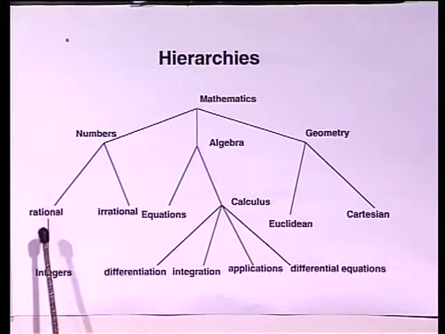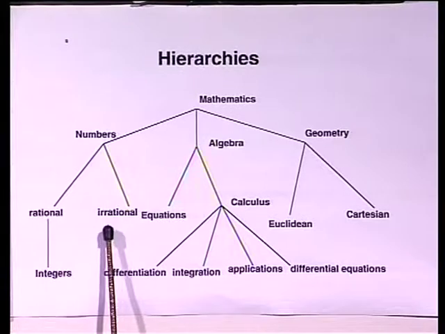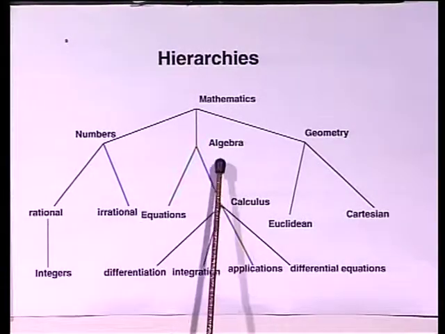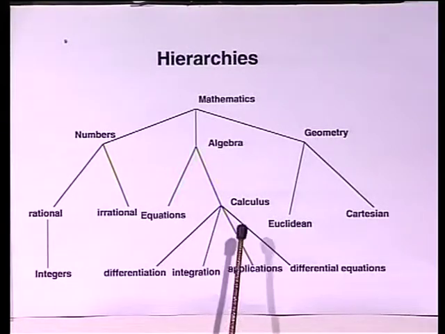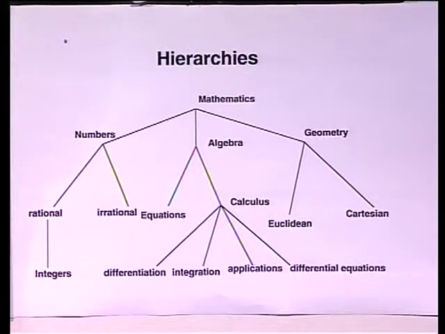So for numbers we might subdivide into rational numbers and irrational numbers. We might subdivide algebra into equations and calculus, and so on. So here we have a hierarchy which is being represented by a similar diagram, but where the relationships in the diagram mean somewhat different things.